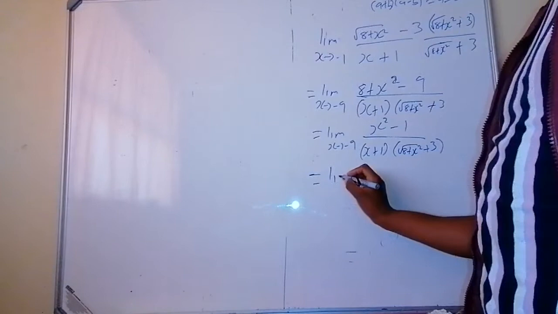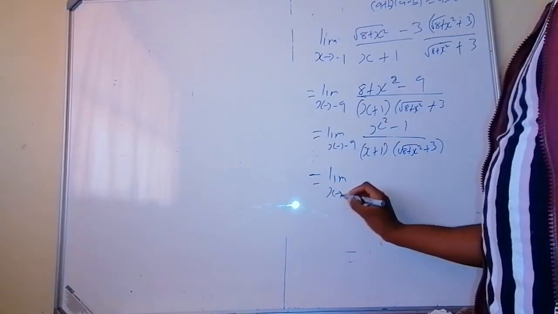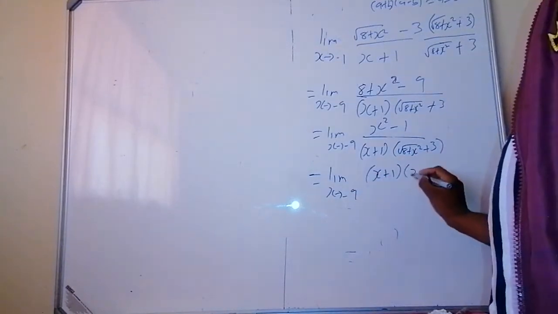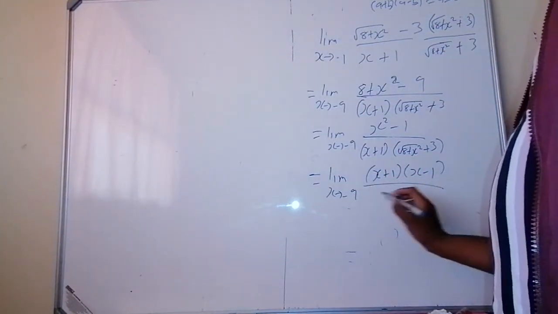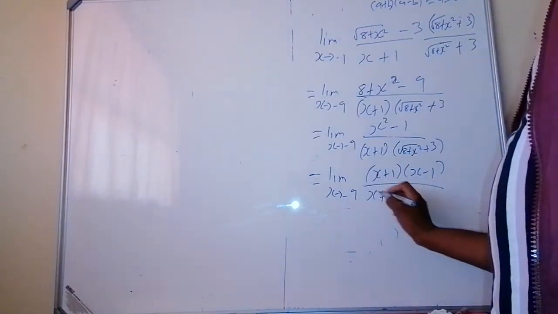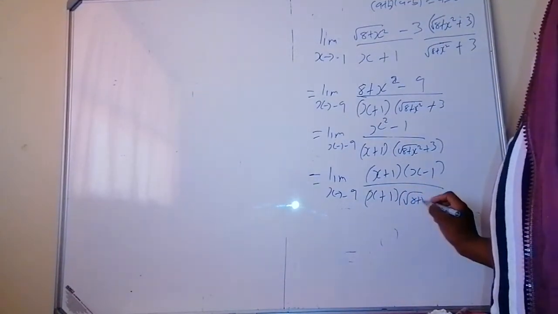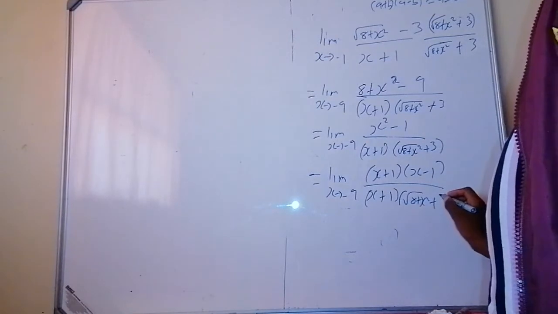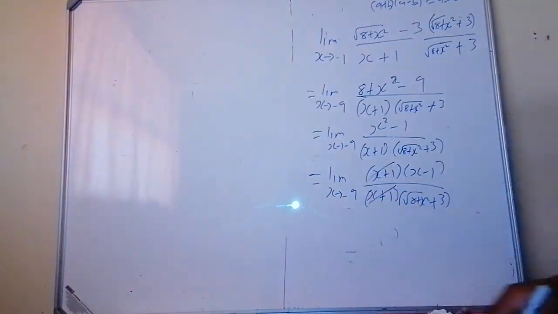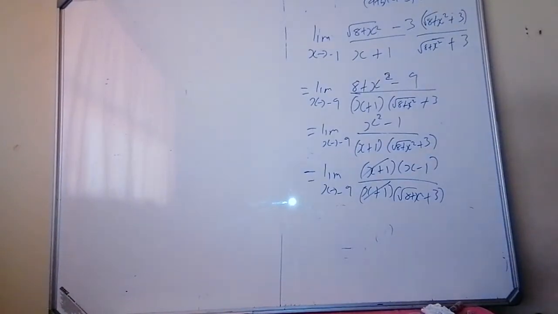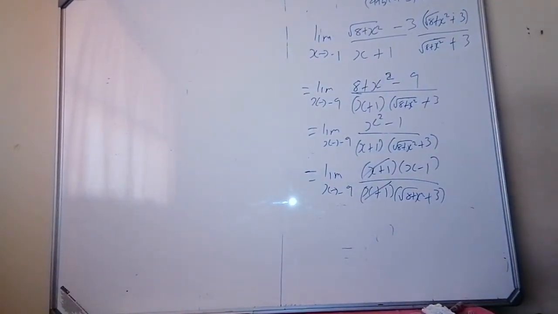limit as x approaches negative 1 of x plus 1 times x minus 1, over x plus 1 times square root of 8 plus x squared plus 3. So these two can cancel each other. Then from there we can evaluate the limit.